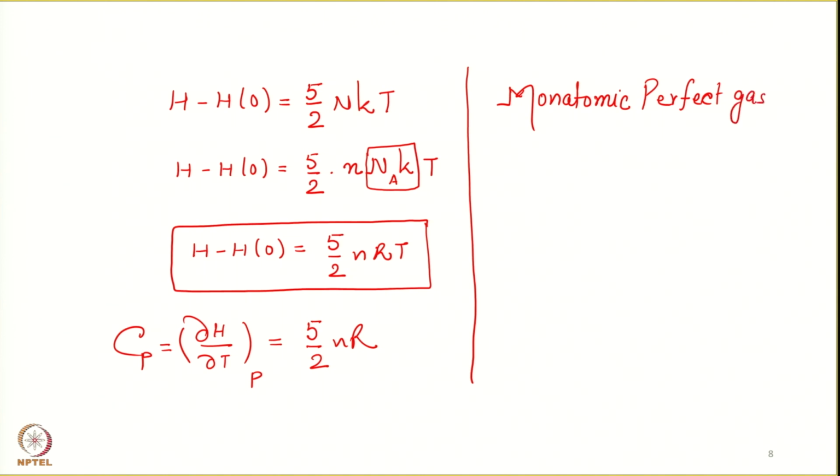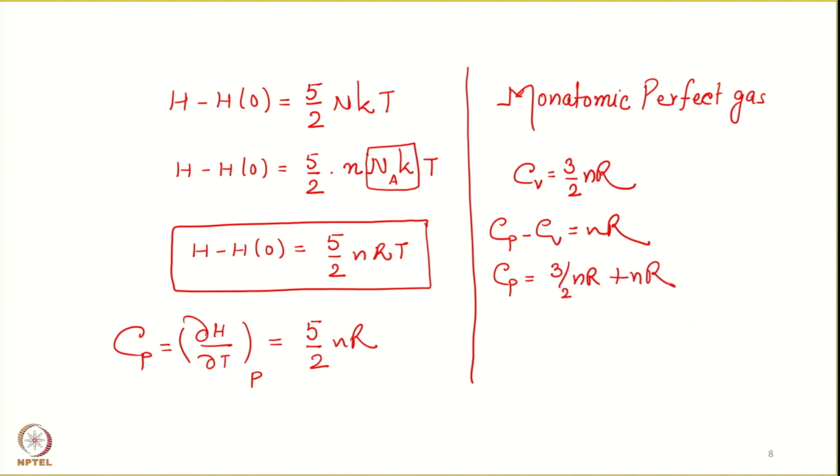For a monatomic perfect gas, you know that Cv is equal to 3 by 2 nR and Cp minus Cv is equal to nR. Therefore, Cp is equal to 3 by 2 nR plus nR, which is 5 by 2 nR.